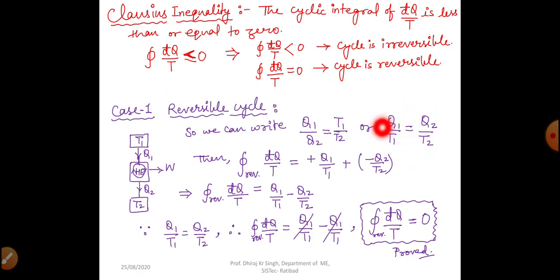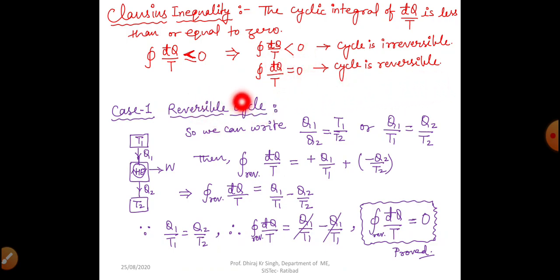Here we have already seen, right? So these two expressions are the same and will get cancelled out, and our final expression is: the closed integral, the cyclic integral of del Q by T, is equal to 0, and that has been proved here. So for a reversible cycle, the cyclic integral of del Q by T is equal to 0.